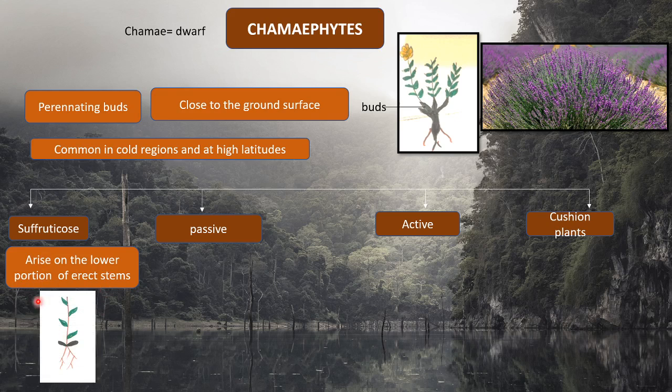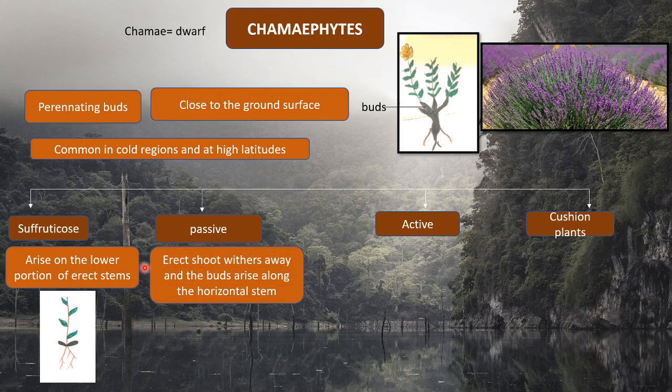This can be understood with this example. This black portion is the perennating bud, and you can see that it arises from the lower portion of the stem. This is an erect stem and from its lower portion this bud is arising. So this is suffruticose, right, where an erect stem is present and the bud arises from the lower portion of the erect stem.